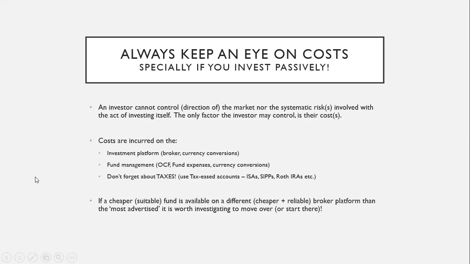So you've got fund management charges, which are the fund expenses to pay its managers, or to do the rebalancing every quarter, every month, every day in some cases. And of course, the fund itself would convert currency on your behalf. So even though you're paying pounds to buy the ETF VWRL, which is a Vanguard ETF, the fund itself, Vanguard, is buying US stocks in US dollars, even though you are buying the British version of it, which is on the London Stock Exchange.